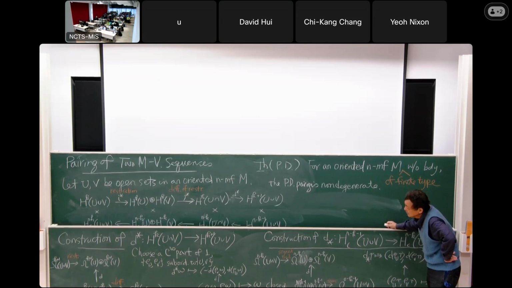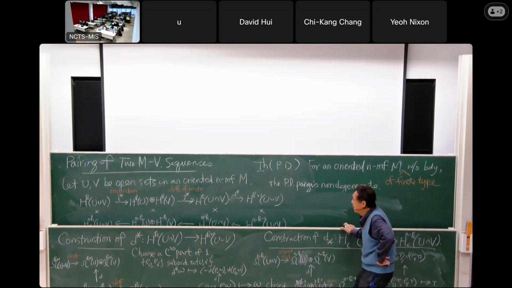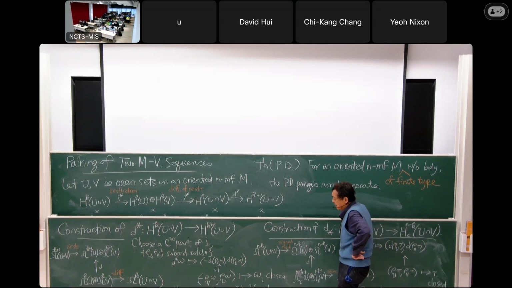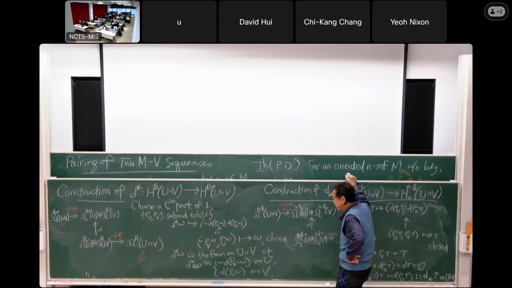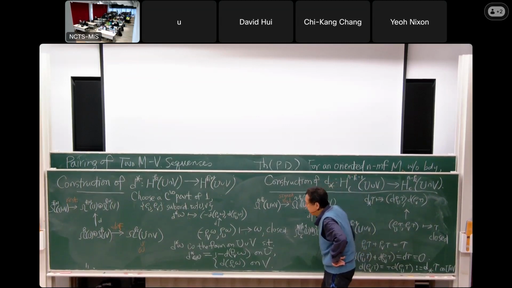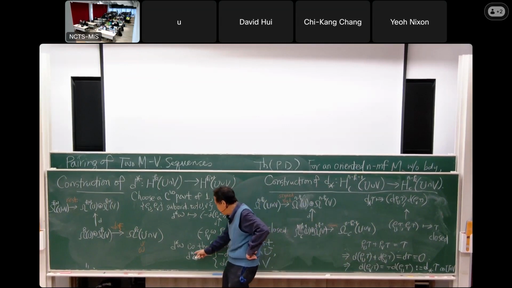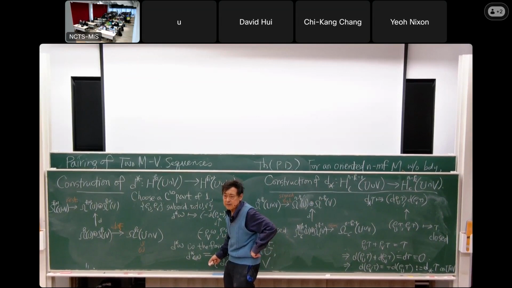Now, this morning, while I was going through my notes, I noticed that there was a gap. In the proof, I actually needed this d upper star omega to have support in the intersection.